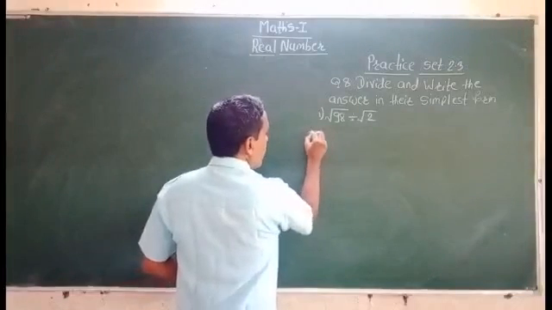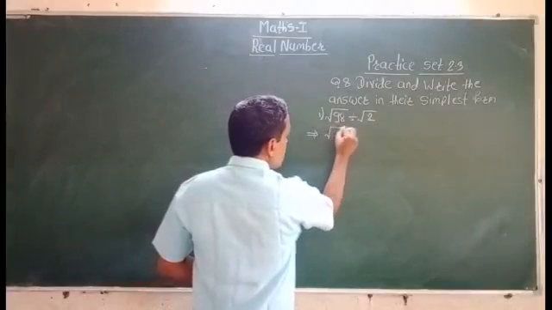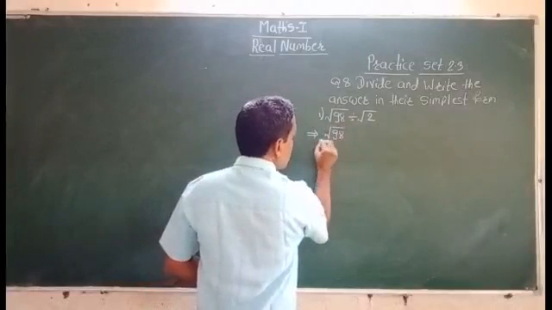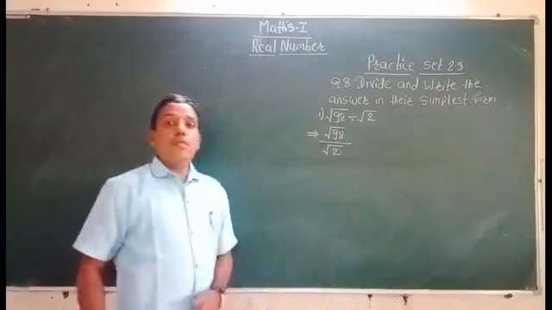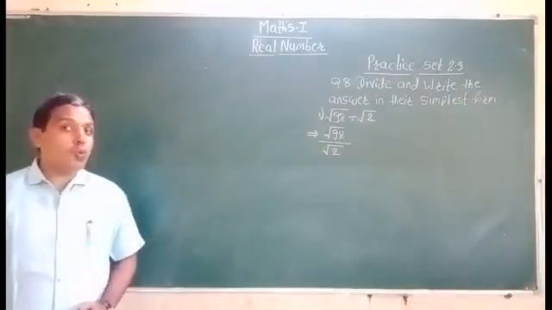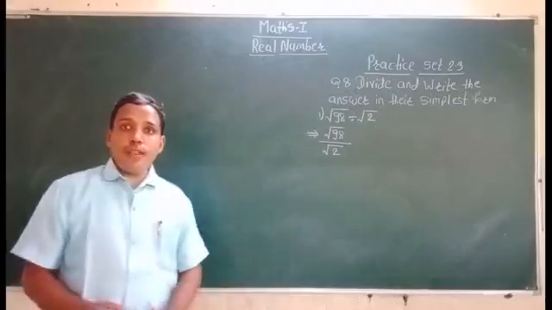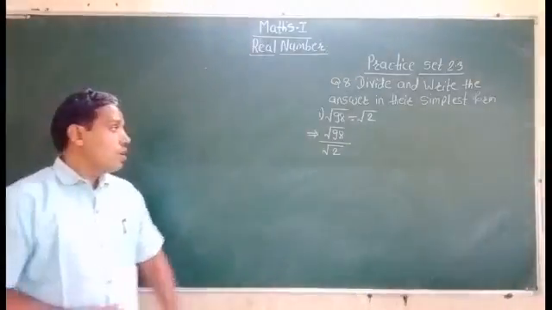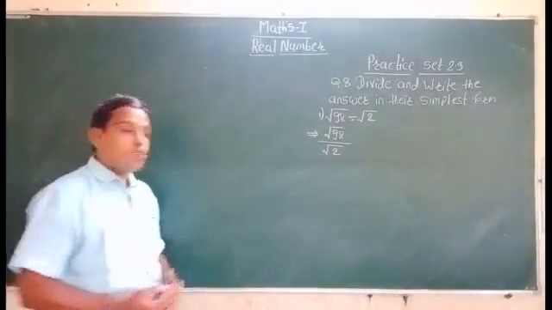To start the division process, surd 98 is divided by surd 2. Both surds are of the same order, and therefore the division happens directly between the two surds.